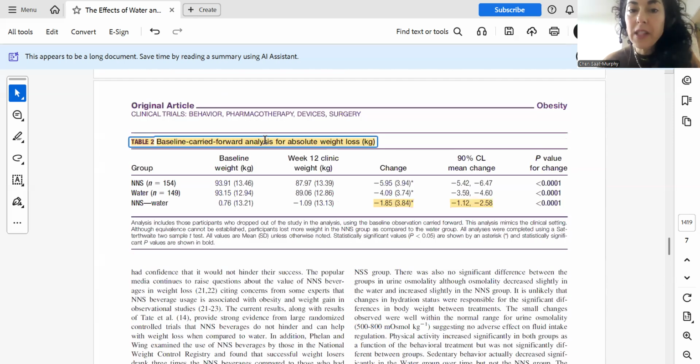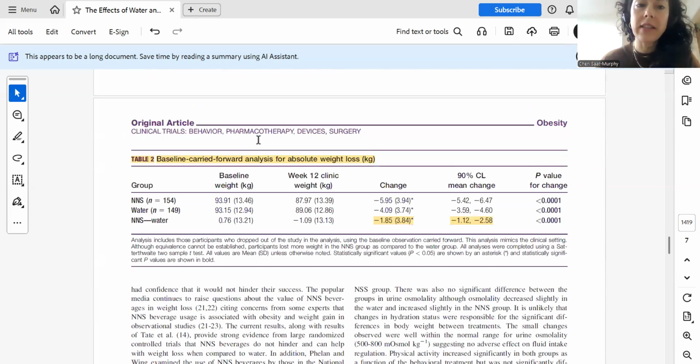Now the only difference between those two tables is that in table number 2, an intent to treat analysis was done, which means that all participants that were recruited to the study and started the study were considered in this analysis, even though some of them dropped out.